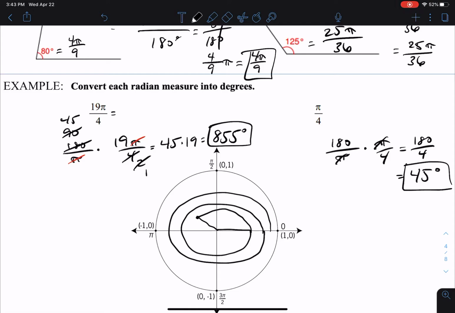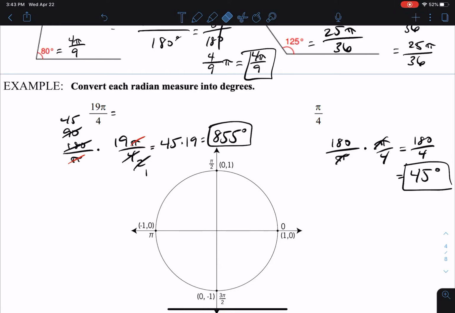So for 45 degrees, the angle opening starts here; this is 0, this is 90, this is 180, and this is 270. So 45 would be this angle here.